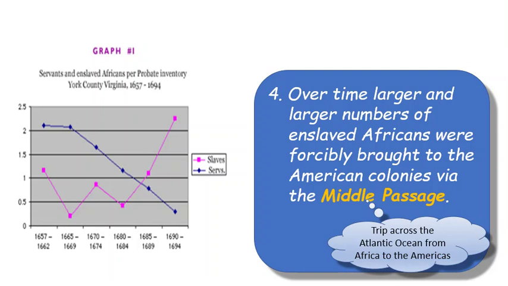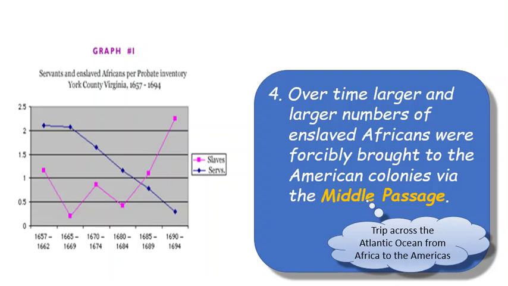We can see here this is just one example here in Virginia, in York County in the second half of the 1600s. We can kind of see by the later part of the 1600s a very steep decline in the blue line, the use of indentured servants, and a very steep rise in the use of slaves. And we would have seen similar patterns repeated throughout Virginia and the colonies.